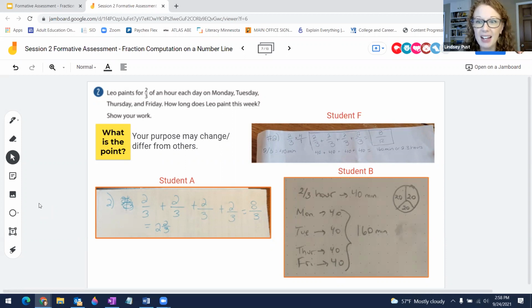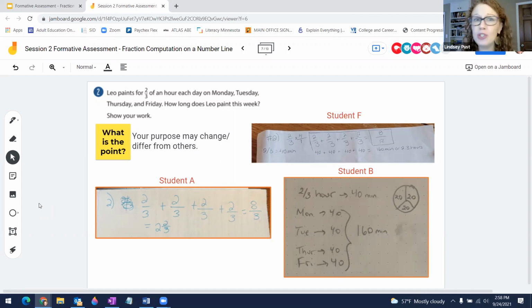And student F has kind of a mixture of both, which is awesome. So yes, there's that computation error and maybe an understanding error, but it has kind of both in there as well.